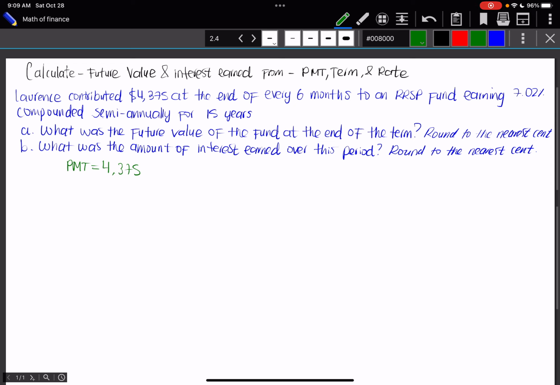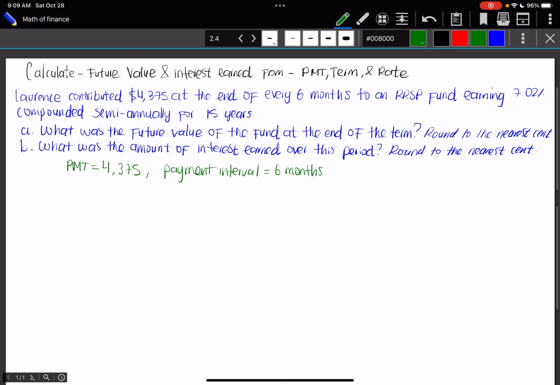Now we have that amount of money is contributed at the end of every 6 months. So we can say that the payment interval, and that's also called the payment period, is 6 months. Because 6 months pass between 2 successive payments.